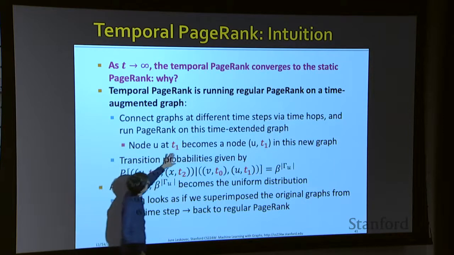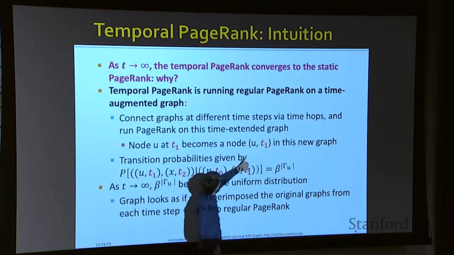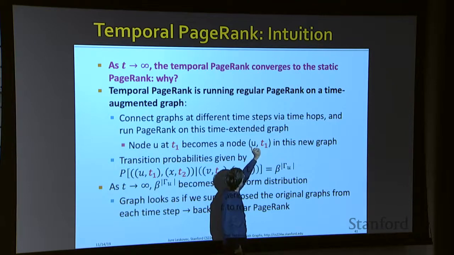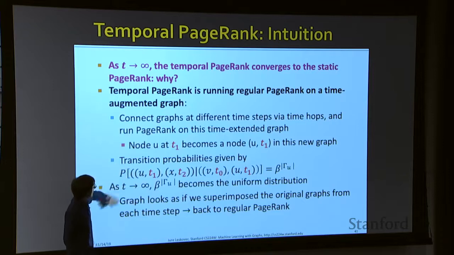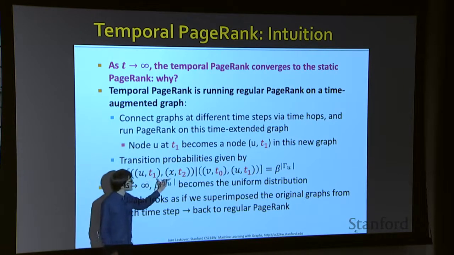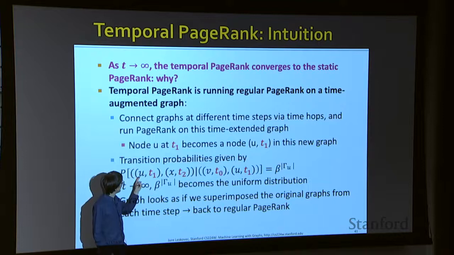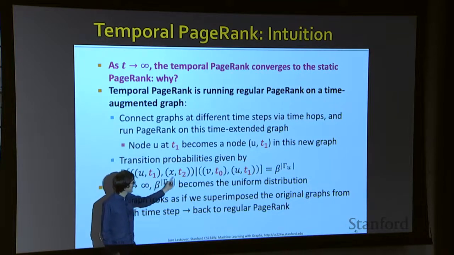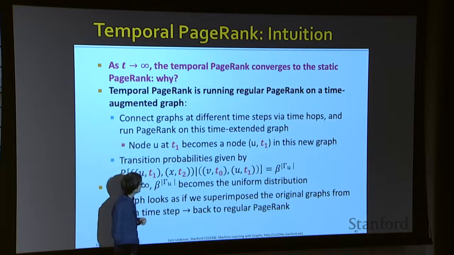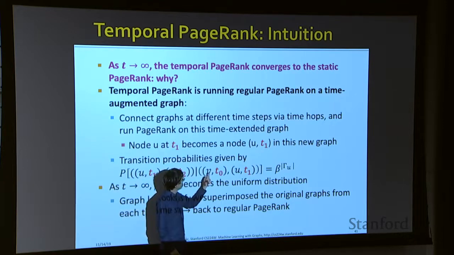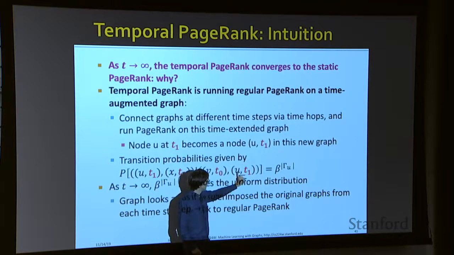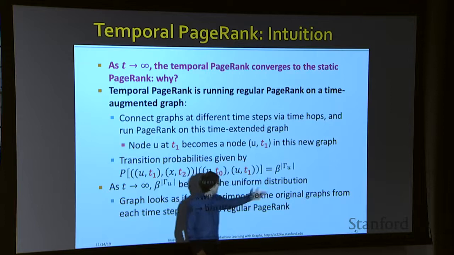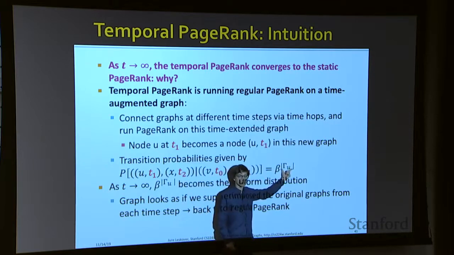So node u at time 1 will become a node that is defined by node and time in this new graph, and the transition probabilities will be defined as I said before, right? So you will traverse from node u at time 1 to node x at time 2, given that you came to node v, that you went from node v at some time to node u at the next time based on this beta to the delta that we defined.